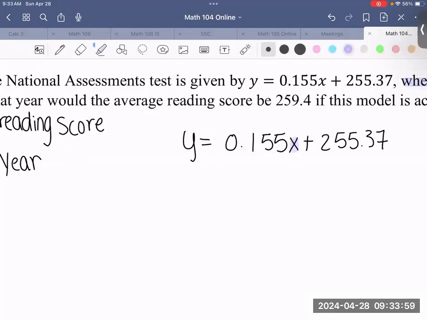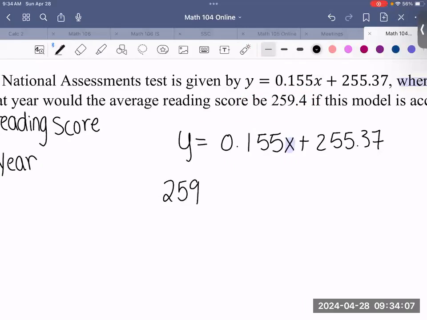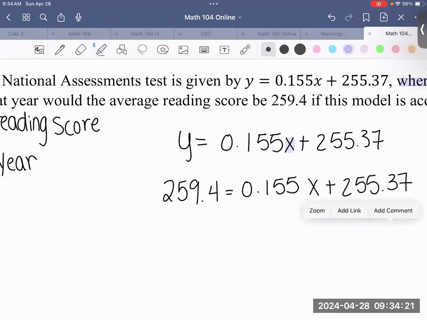We don't have the x, but we do have a reading score of 259.4. If we have the reading score but not the year in which it was achieved, we can either do it graphically, as before, or we can do it algebraically, as we've done in the last few problems.